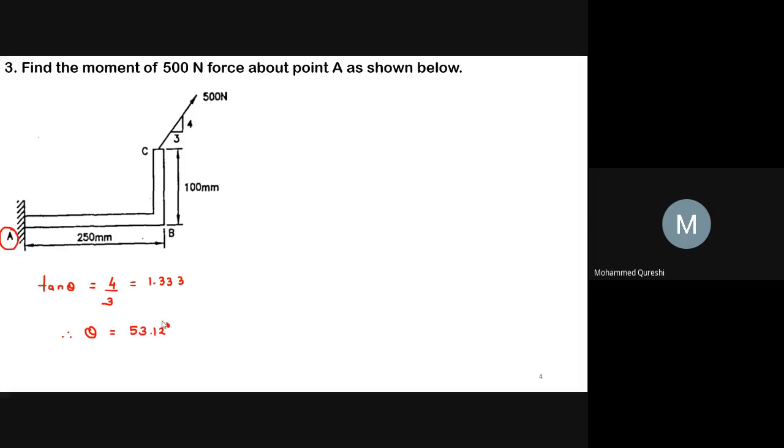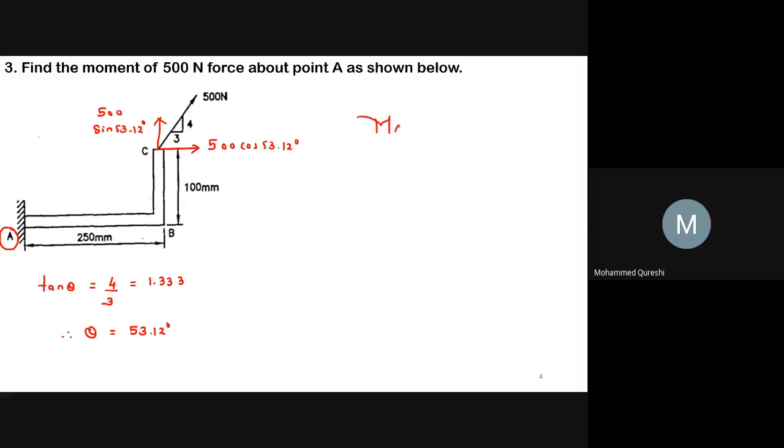Now we get the theta, so we may easily write that one component will be 500 cos 53.12 degree, and our second component will be 500 sine 53.12 degree. Now we will solve the example.